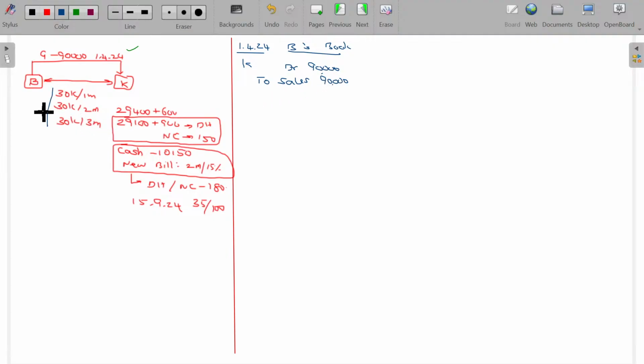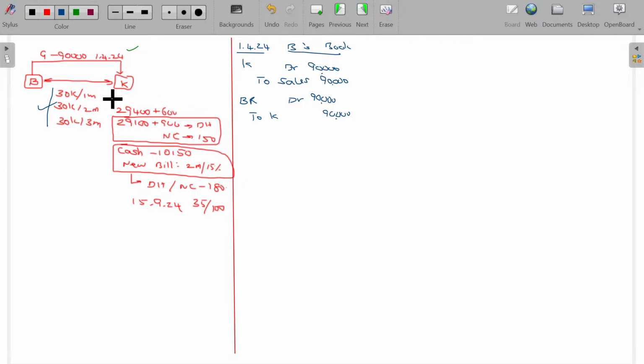Second, the bill drawn for the amount on the same date. So BR account debit to K account, this value being 90,000. This is the entry for all the three bills put together.